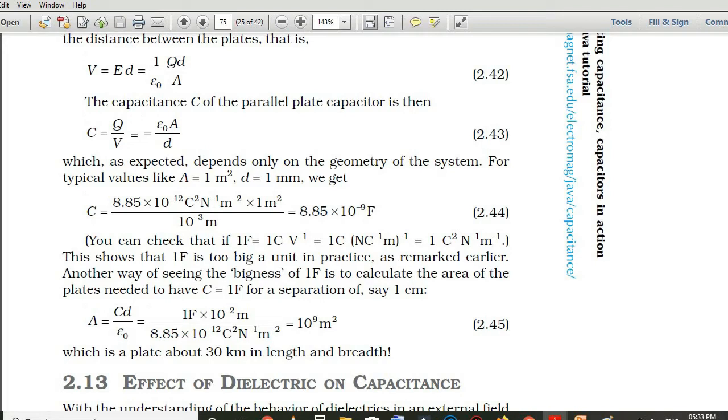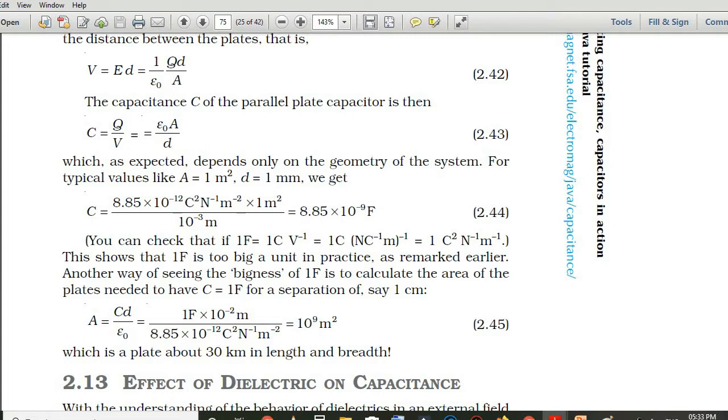Inductance of a solenoid or an inductor also depends only on its geometrical factors. You don't need to study it now, we will study it in some other chapter. But I just told you the same comparison will be there. In a capacitor, its capacitance only depends on the geometrical factors. In the same way, in an inductor or a current carrying solenoid, inductance depends only on its geometrical factors.